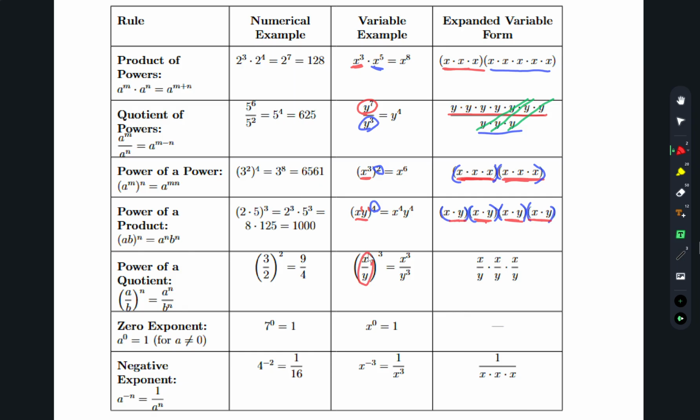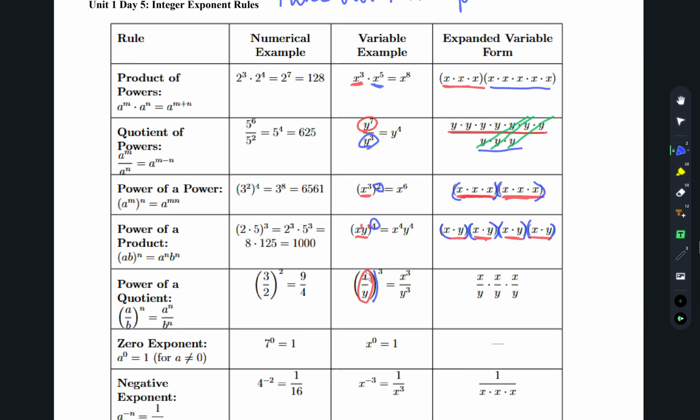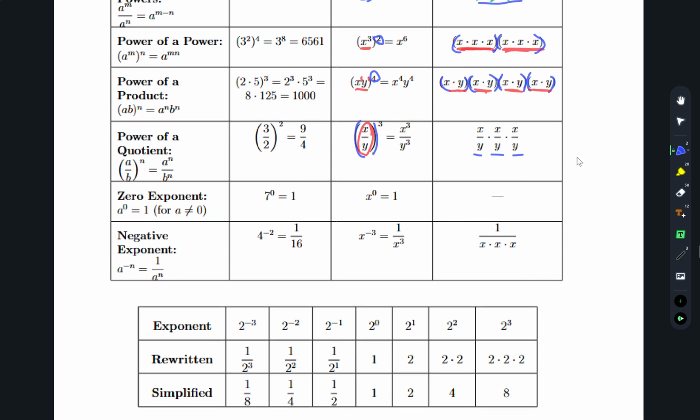This guy, you're doing 3 times, which is the cubing part, so that's why there are 3 of them. And then 0 exponent, this is 1. I'll show you why down here, but the 0 exponent is always 1, no matter what the base is.